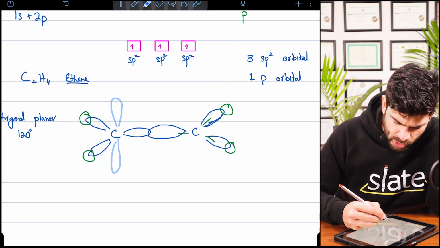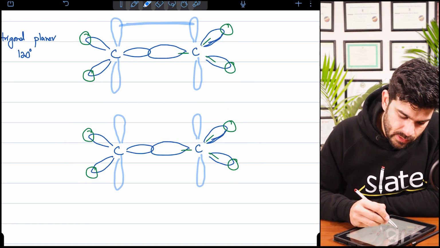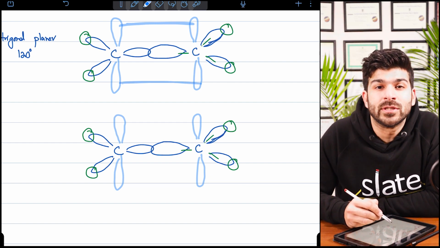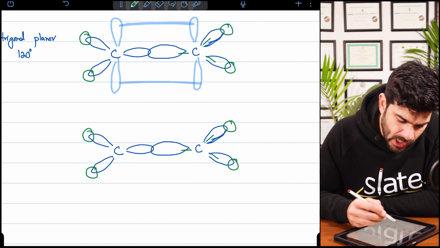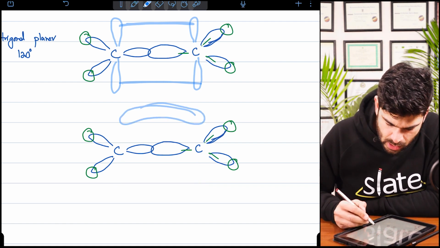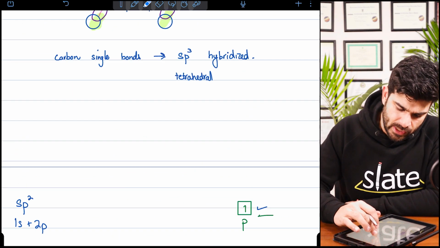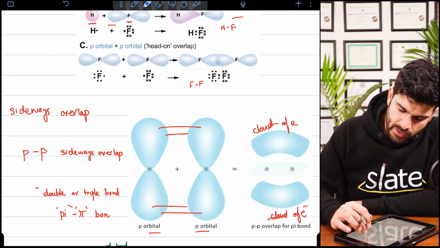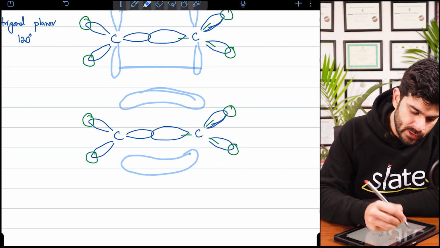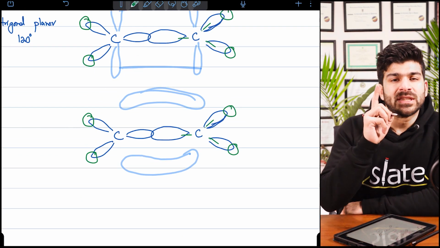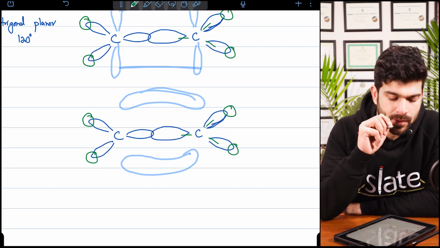These will go sideways overlap, and therefore ultimately we will get a cloud, just like we did here, two clouds. So students, it's a pi bond, a pp sideways overlap.